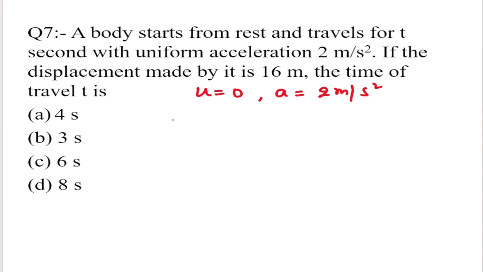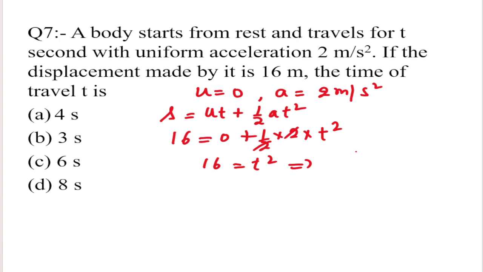If the displacement made by it is 16 meter, now we use s equal to ut plus half at square. S is 16, u is 0, plus half into 2, so t square equal to 16, therefore t equal to 4 seconds. Square root of 16 is 4 seconds, so the correct option is the first.